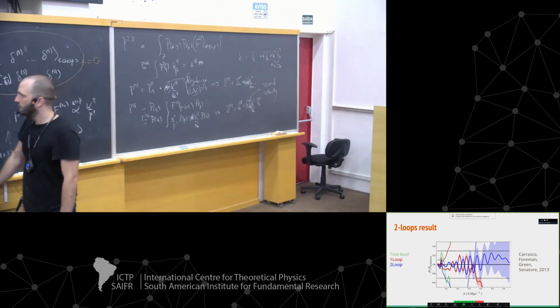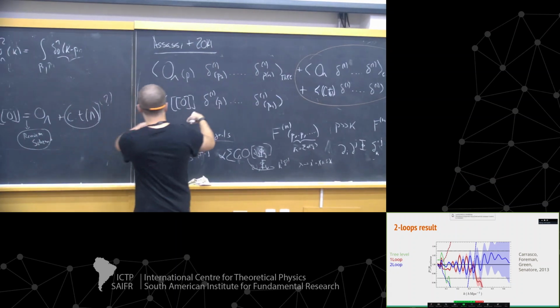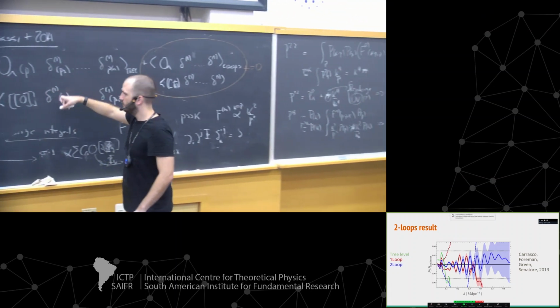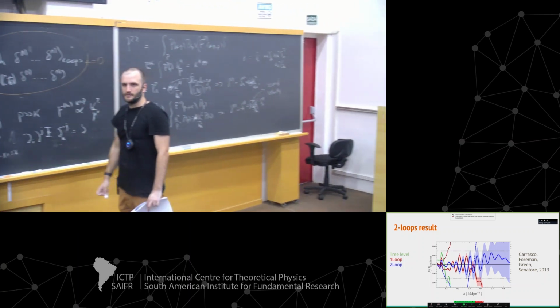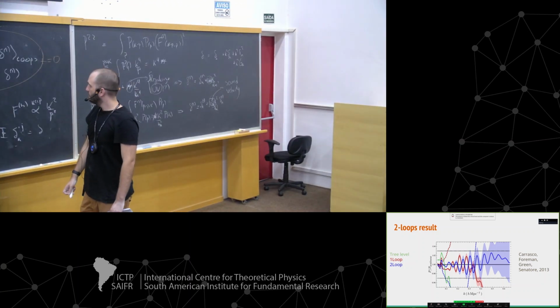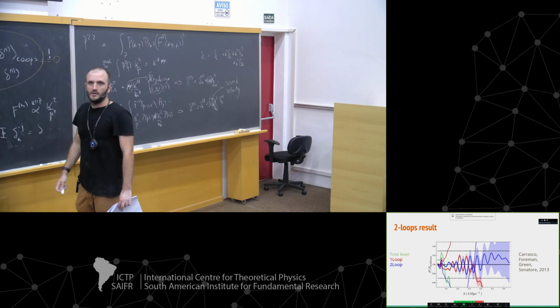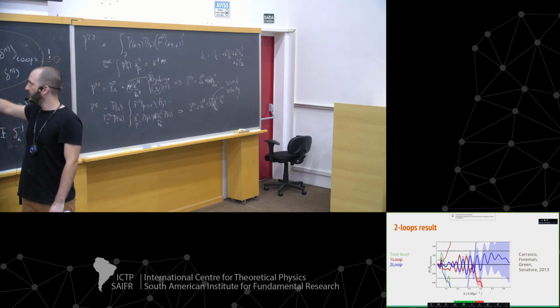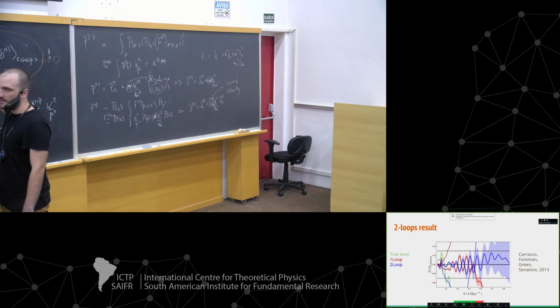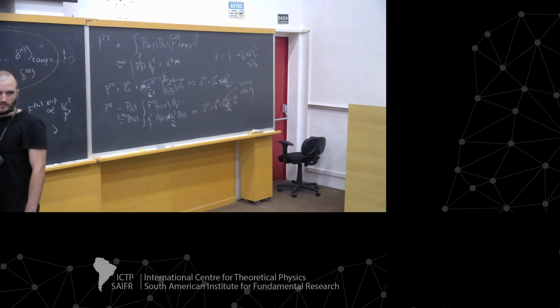Okay? So if I just take this, I'm just substituting this part here inside this and opening the first part into tree-level and loop contributions. So what I want to enforce is this relation here. I want my counter terms, the part that's lambda dependent, to exactly cancel out the lambda-dependent part of this term. Okay?